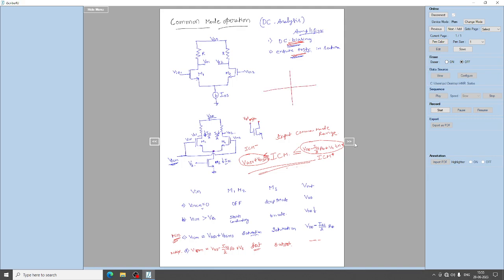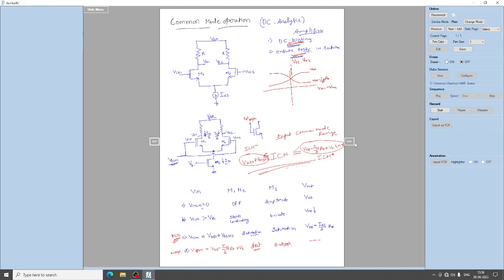If we consider the differential input V in 1 minus V in 2, your VO1 or VO2 will have a DC range, which varies from VDD to VDD minus ID RD.